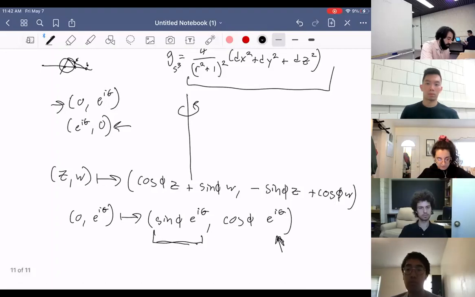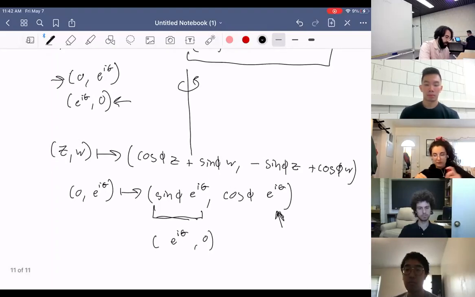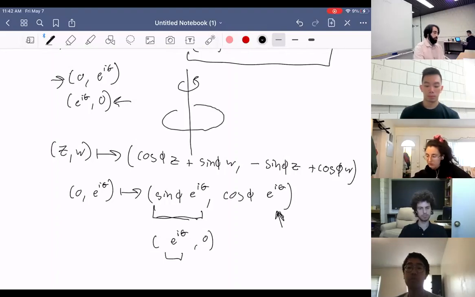So if we let phi be equal to pi over 2, then this is just going to be e to the I theta, 0. And then when we go down to the stereographic projection, this is just going to the x and y coordinates, and we get this nice hula hoop around the z-axis, which, since it's an image of another geodesic through an isometry, is also going to be a geodesic.